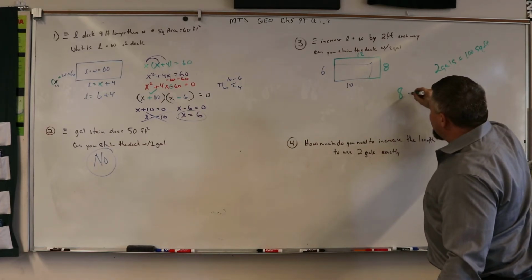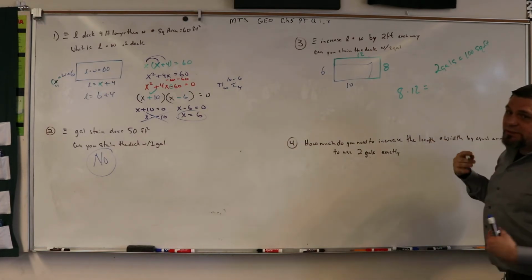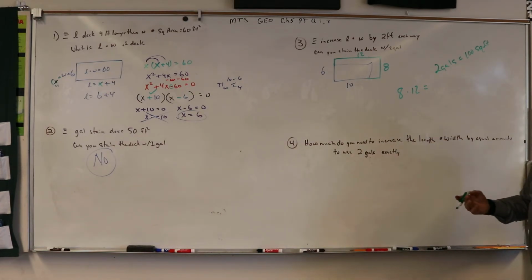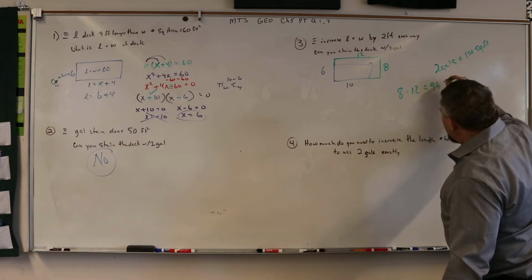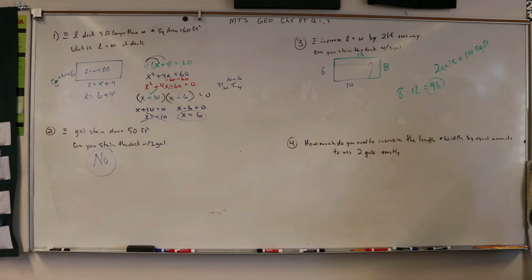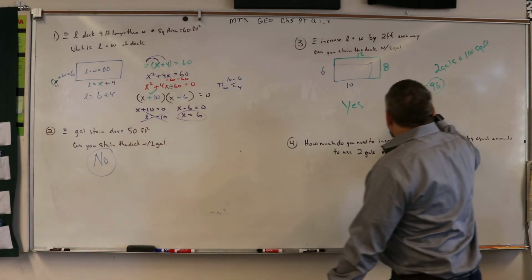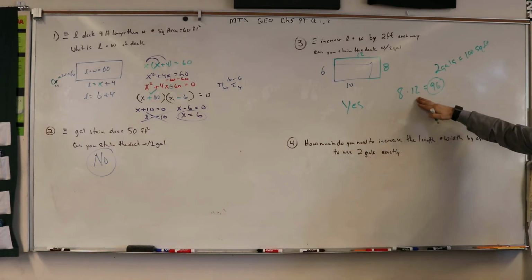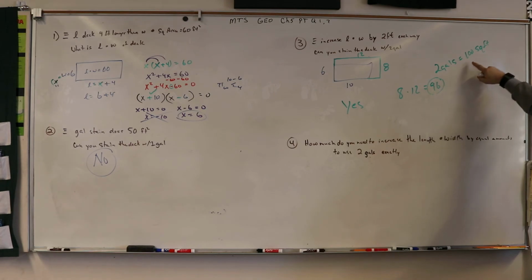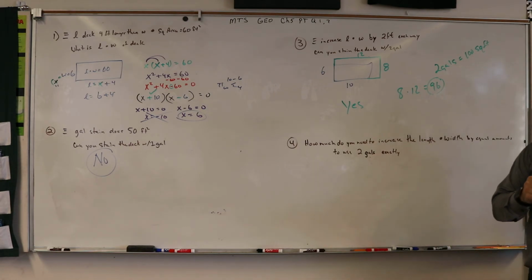So it's just 8 times 12, which is 96. So, do we have enough? Yes. So that wasn't too bad. So this one is yes, because 8 times 12 is 96, and 2 gallons will do 100.